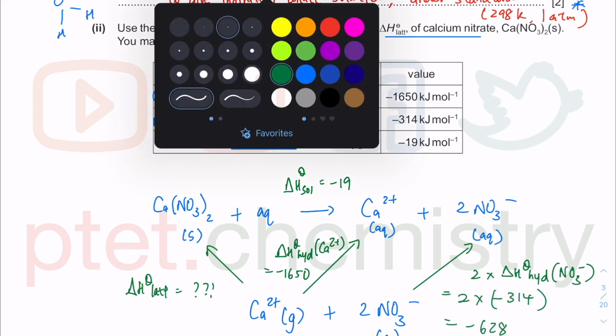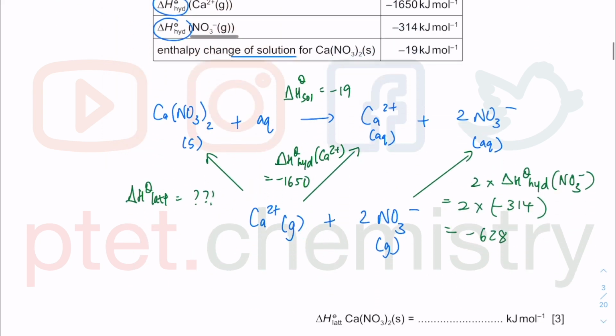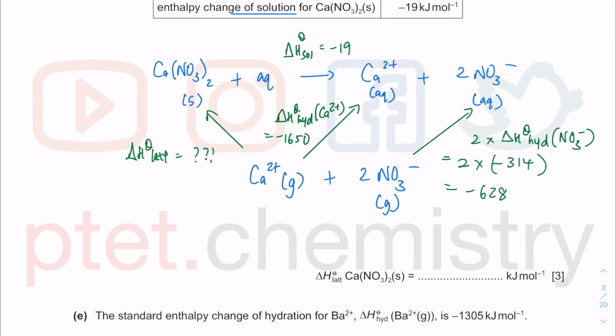In AS chemistry, you have learned about the use of Hess's law. Hess's law says that the enthalpy change of a reaction does not depend on the pathway you take. So you can take a direct path or an indirect path, and the enthalpy change will be the same. So what I'm going to do now is go this way. So this is the direct path. So what I can say is minus 19 will be equal to going the opposite.